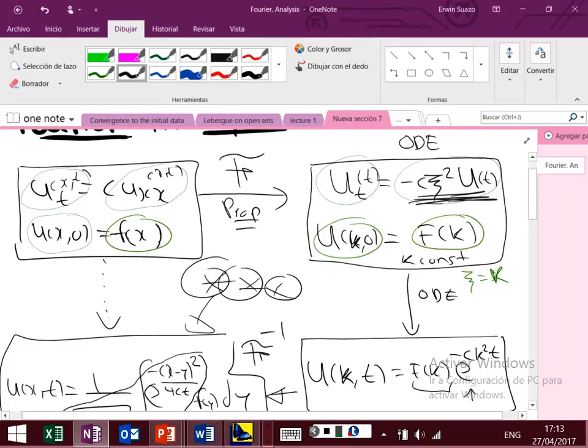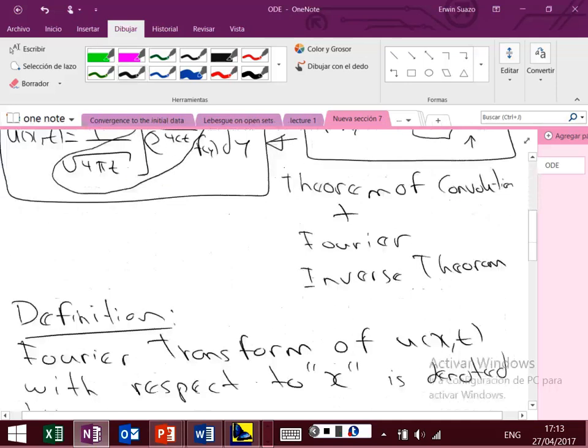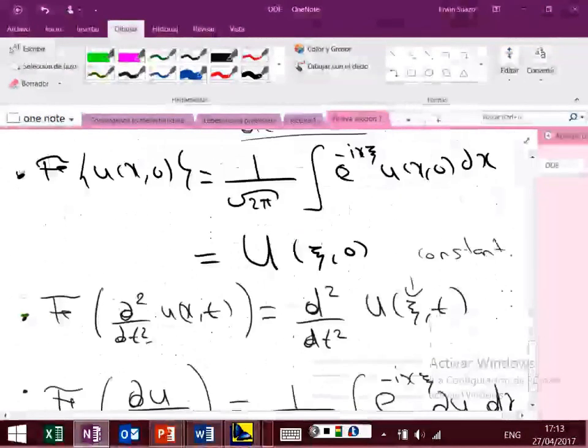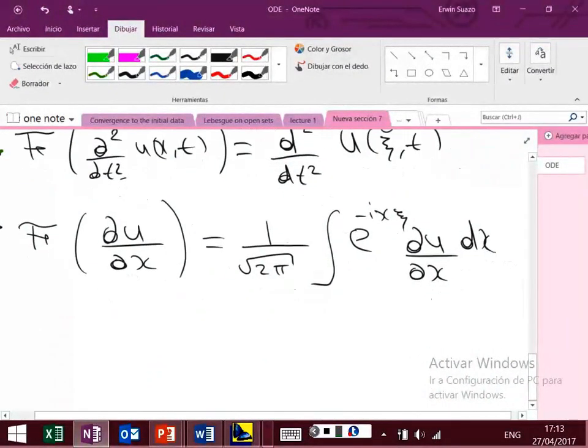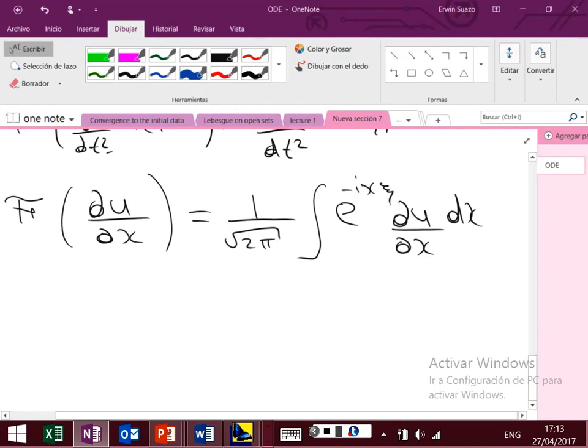But I'm working on the first derivative, right? So I need to recover the u. How could I change this partial derivative with respect to x into an integral that has u?